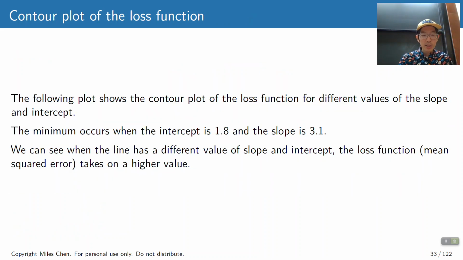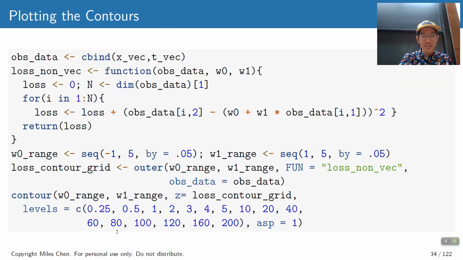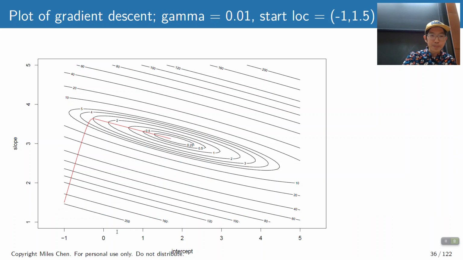Okay, so what I want to show on these next few slides is what is happening when we do gradient descent here. This is just code to get all of this plotted up, but basically this is the contour showing the loss function.